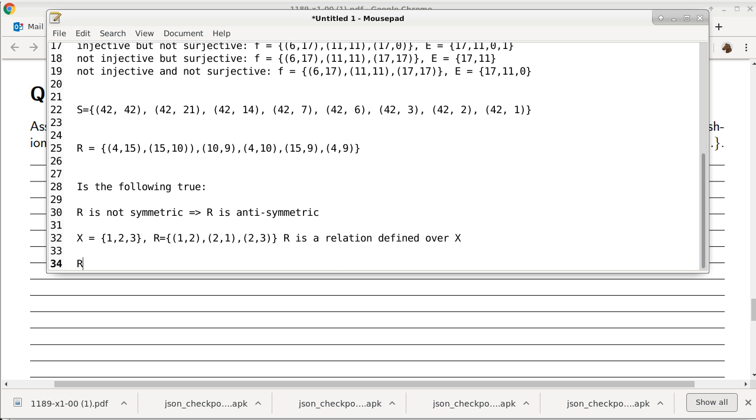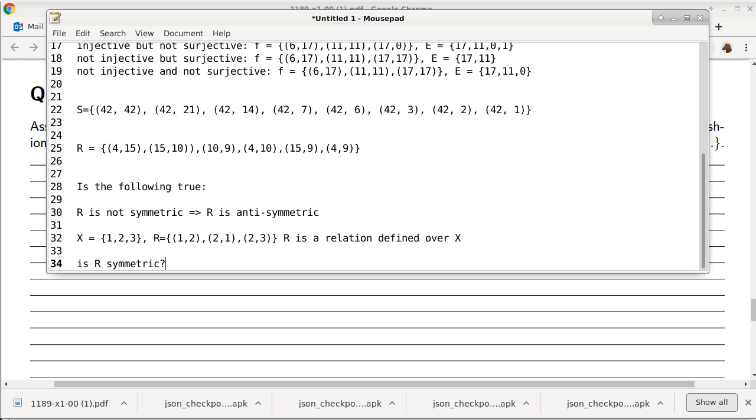So now the first question is, is R symmetric? It is not symmetric. Because in order for it to be symmetric, (1, 2), (2, 1) is good. But we have (2, 3), we're missing the (3, 2). If we had (3, 2), that would make R symmetric.